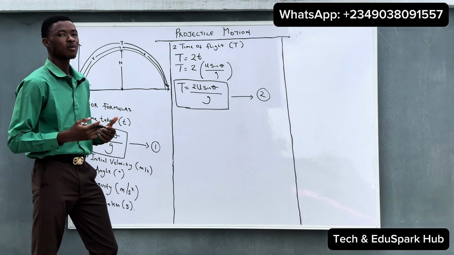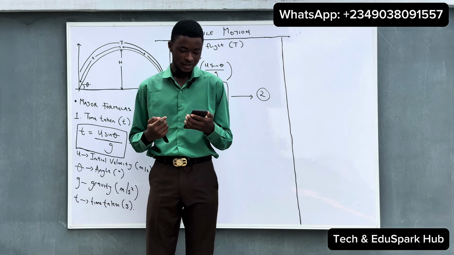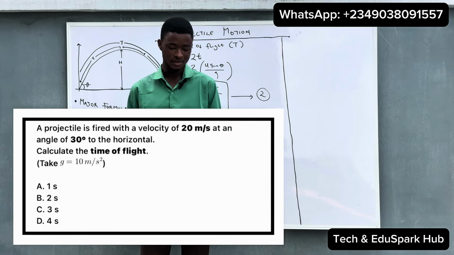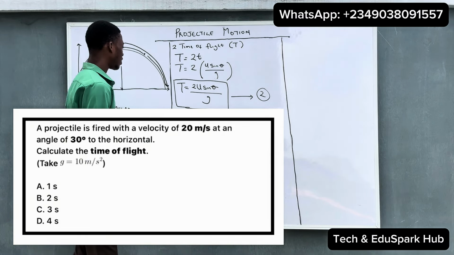So let's look at some examples under this time of flight. The first example, as displayed on the screen, says that a projectile is fired with a velocity of 20 meters per second at an angle of 30 degrees to the horizontal. Calculate the time of flight and take g to be 10 meters per second square. So from this question, let's write our given parameters.